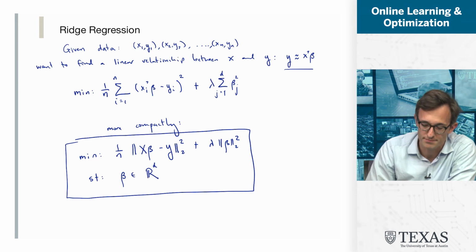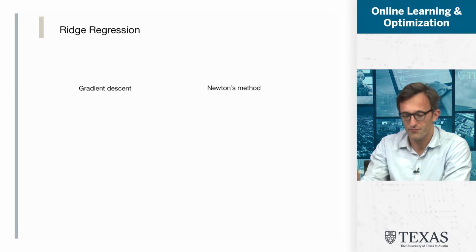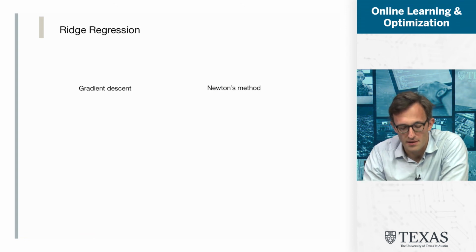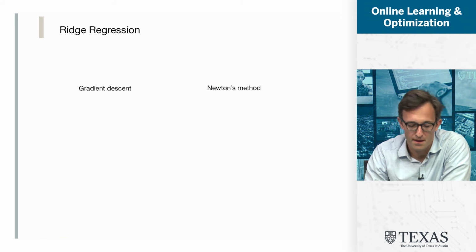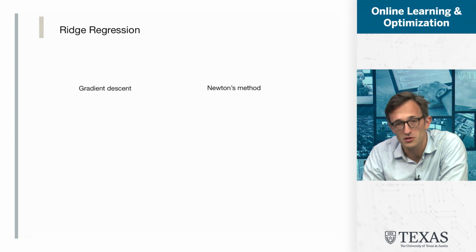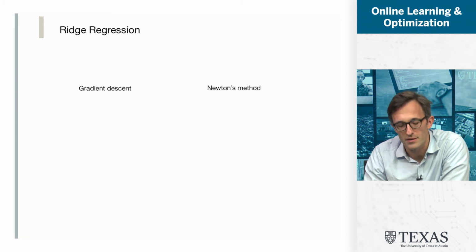How do we solve it? We're going to talk in this course about several different classes of algorithms. One very representative element of the first class is called gradient descent. We'll look at a number of variants of gradient descent.